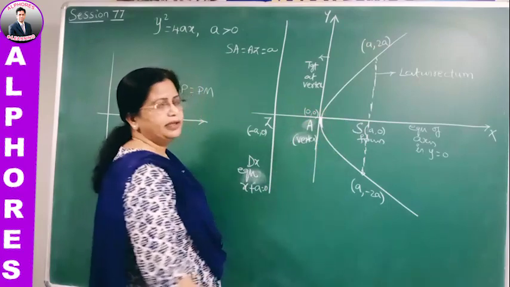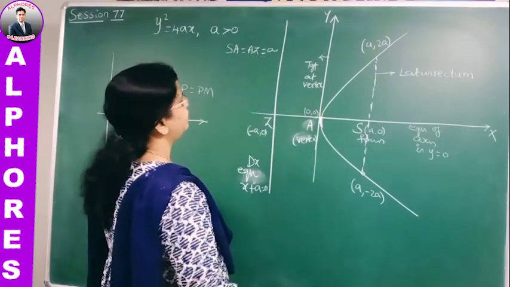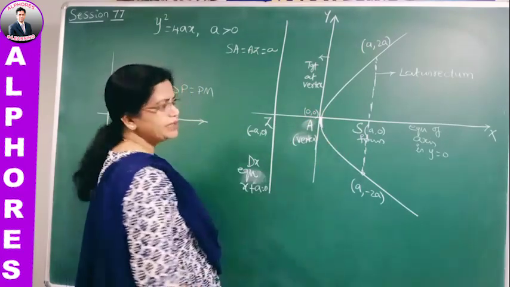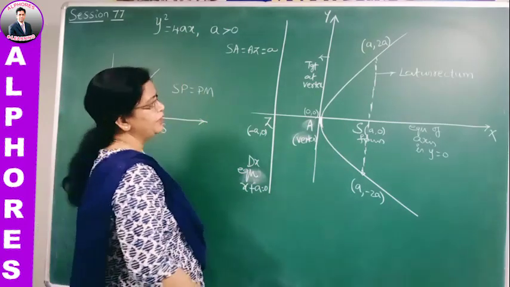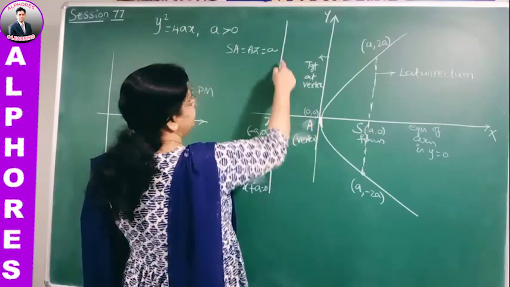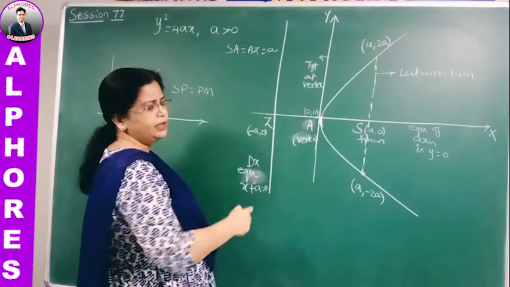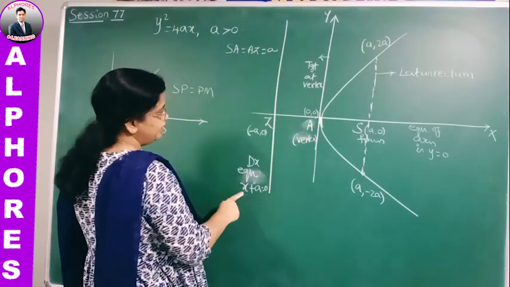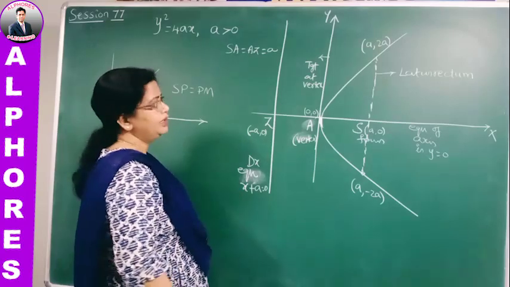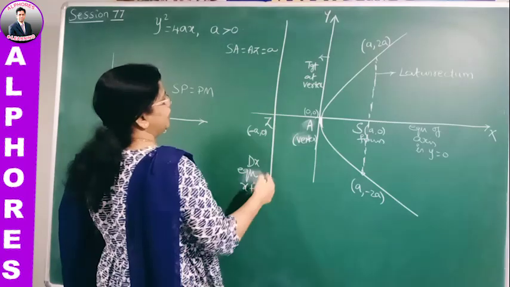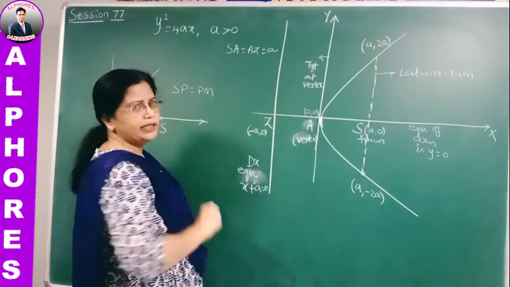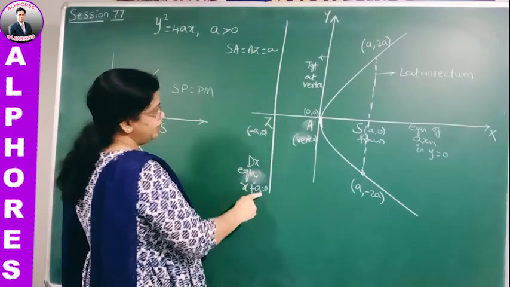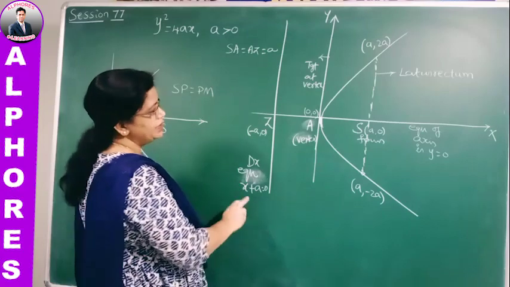Therefore the focus coordinates are a comma 0, only for this kind of standard form. And next, the equation of directrix: it is x plus a equal to 0, because this is a line parallel to the y-axis and passing through minus a comma 0.